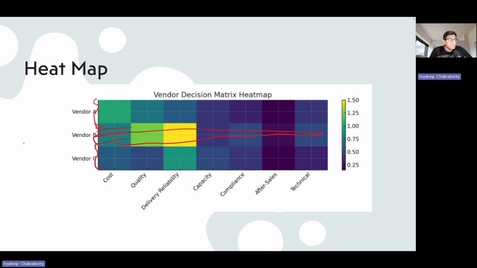Now with this, you are more certain to appoint a vendor which will be most suitable for the job that you have posted.